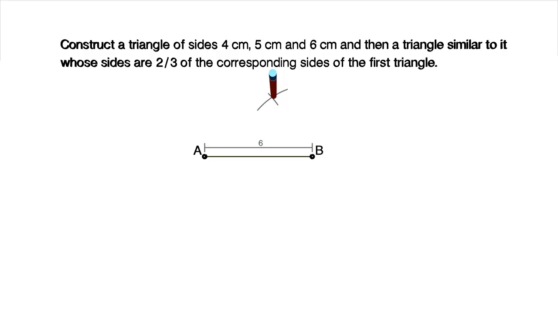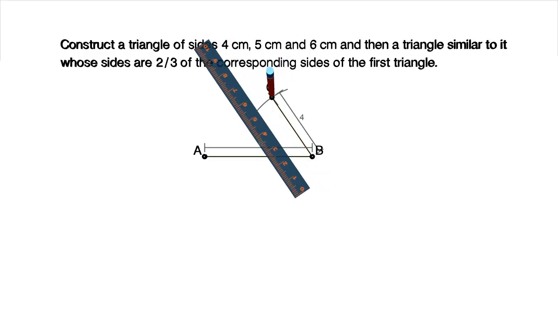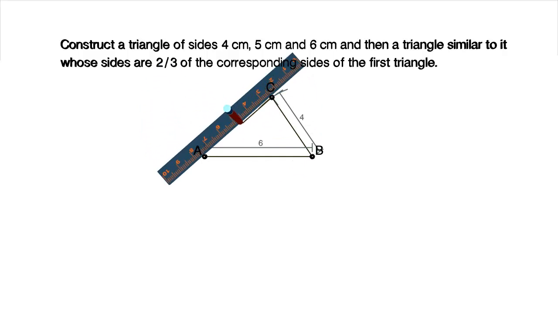Now mark the intersection point as C. Now join BC and then join AC to get a triangle, and this is the given triangle.